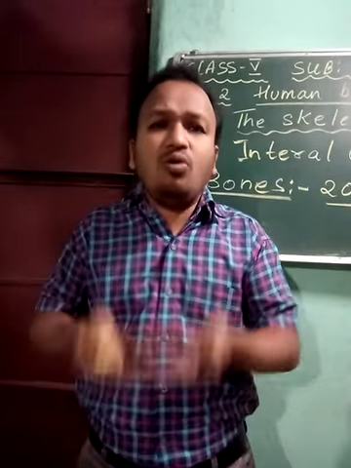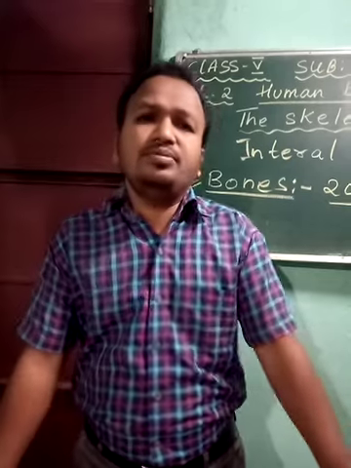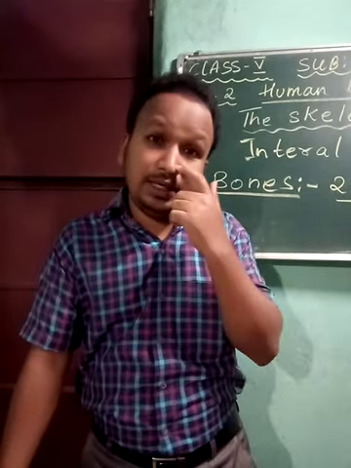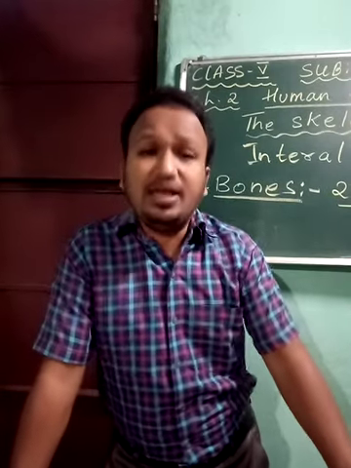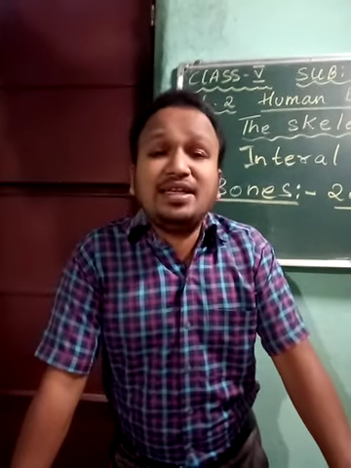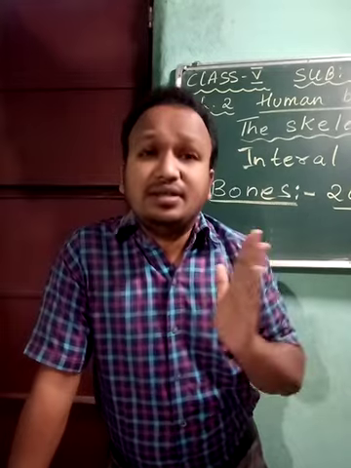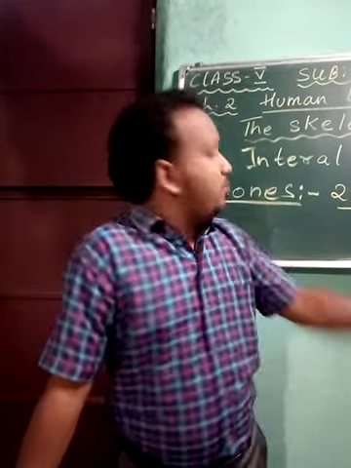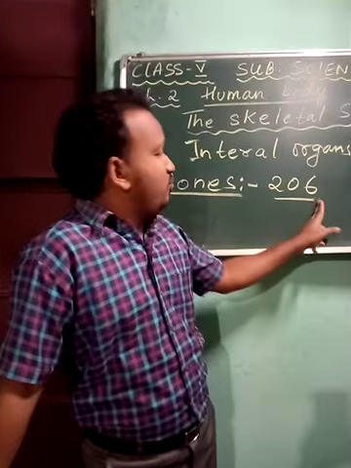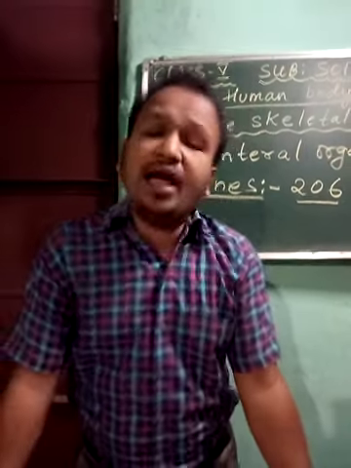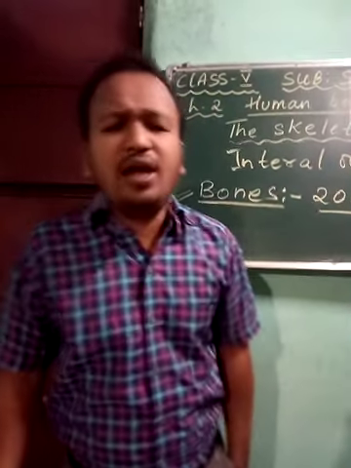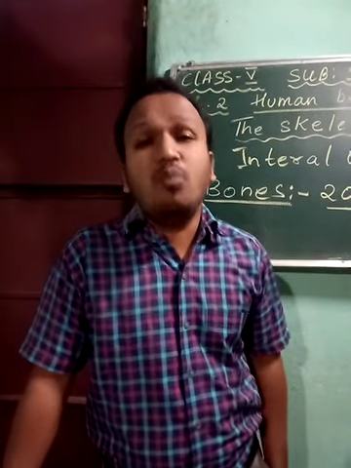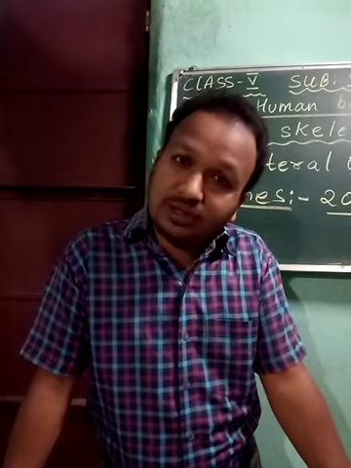When a child grows, the bones present in the small child's body, more than 300, join together. When the child becomes an adult, the person will have 206 bones. So keep in mind, an adult has 206 bones, and a newborn baby has more than 300 bones in the body.